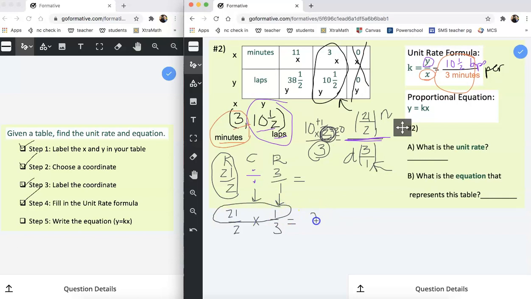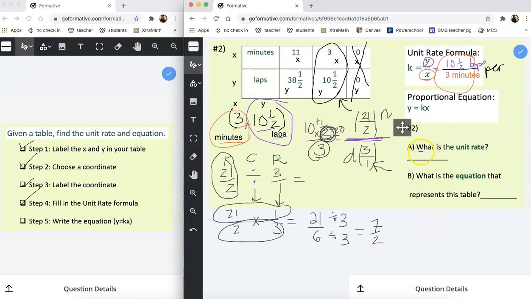So 21 times 1 is 21, and 3 times 2 is 6. And then I can reduce after that. 21 and 6 are both divisible by 3. 21 divided by 3 is 7. And 6 divided by 3 is 2. So I just found my unit rate to be 7 halves.